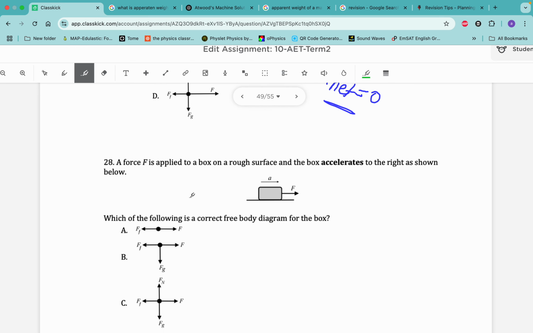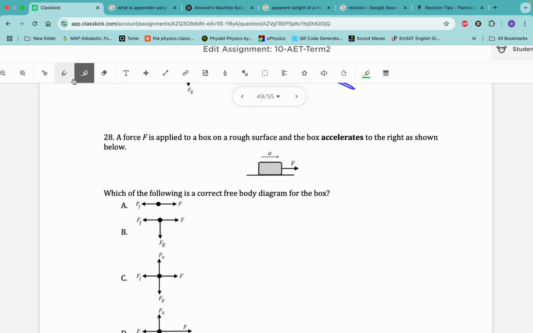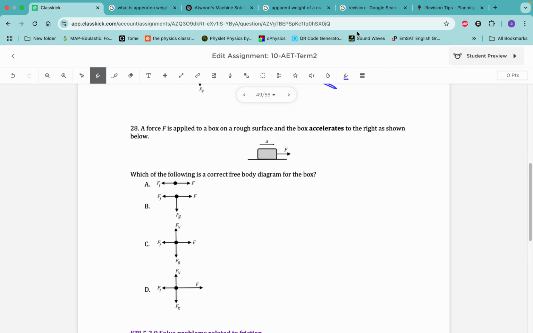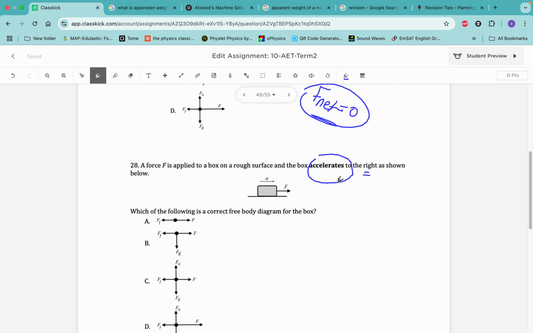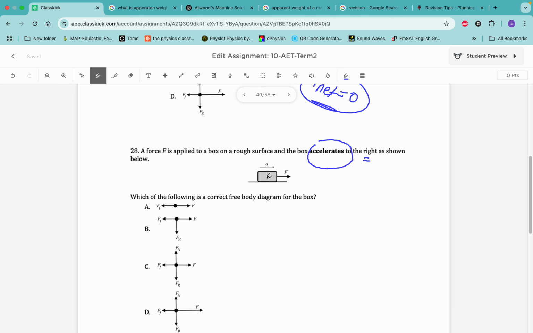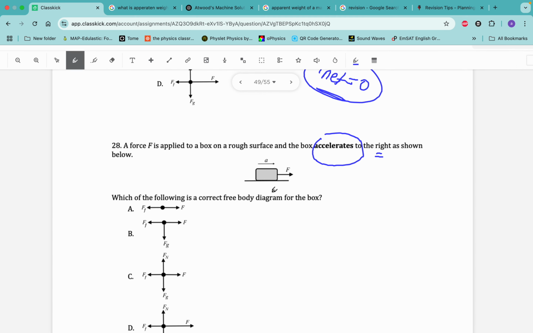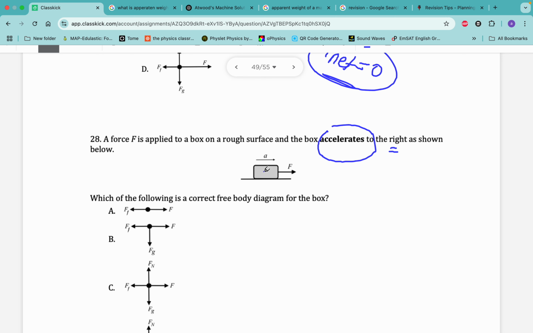Question 28 has the same concept, but the only difference is that it's written that the box is accelerating to the right. So net force is not zero anymore. If we need to draw the free body diagram, as usual we have downward gravitational force and upward normal force.